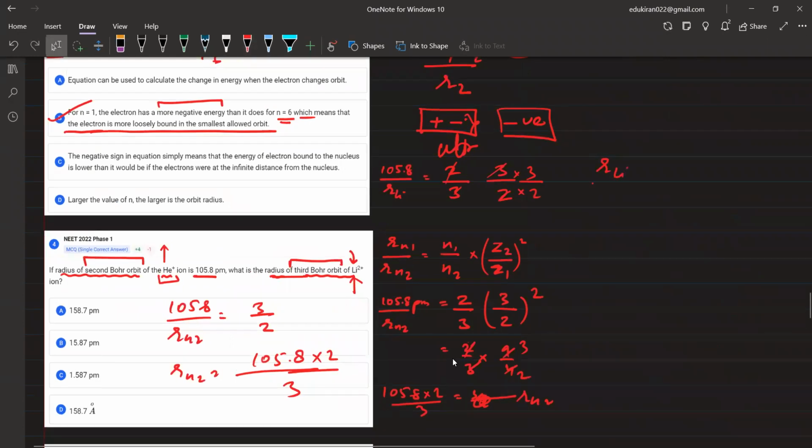अगर R लिथियम का लेते हैं डिवाइड बाई 105.8 तो वो ये कितना आ जाता? लिथियम के लिए लेते हैं हम, it should be 3 by 2 into 2 by 3 into 2 by 3.